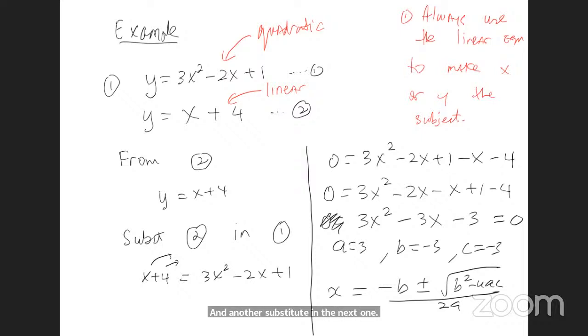Sometimes you get a quadratic you have to solve, sometimes you don't. If you reach there already, use the formula, plugging a, b, and c into the formula.